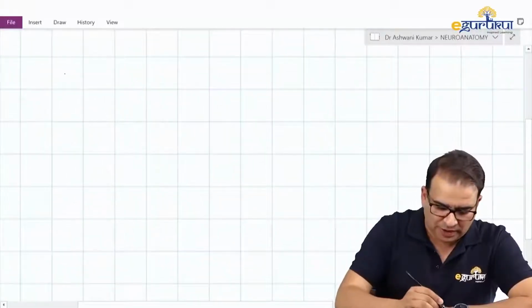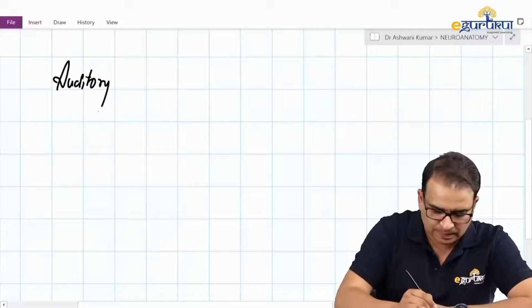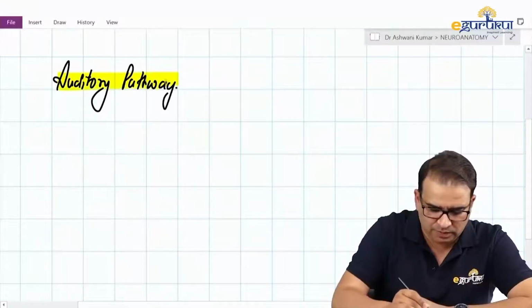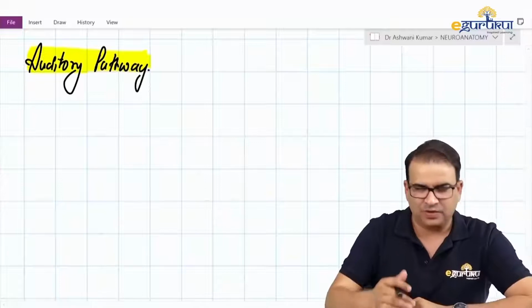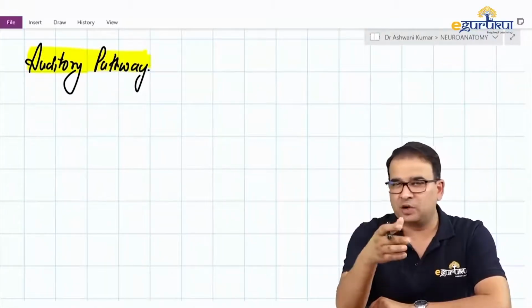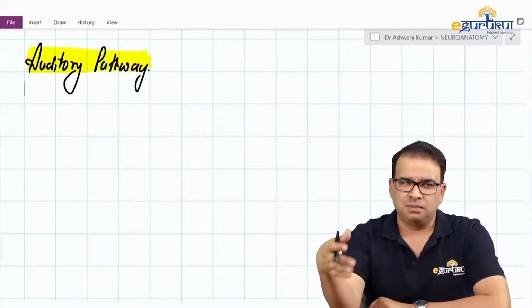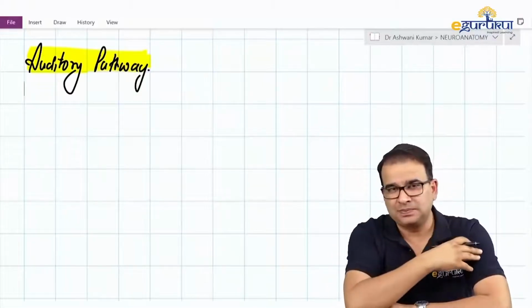So let's look into the auditory pathway. Now, how is this auditory pathway going to be different from the other pathways we've discussed? Well, till now, whatever ascending tracts or sensory pathways we saw usually had a three order neuron system. The dorsal root ganglia formed the first order, the second was in many cases decussating, reaching the thalamus, and the third order went to the cortex.